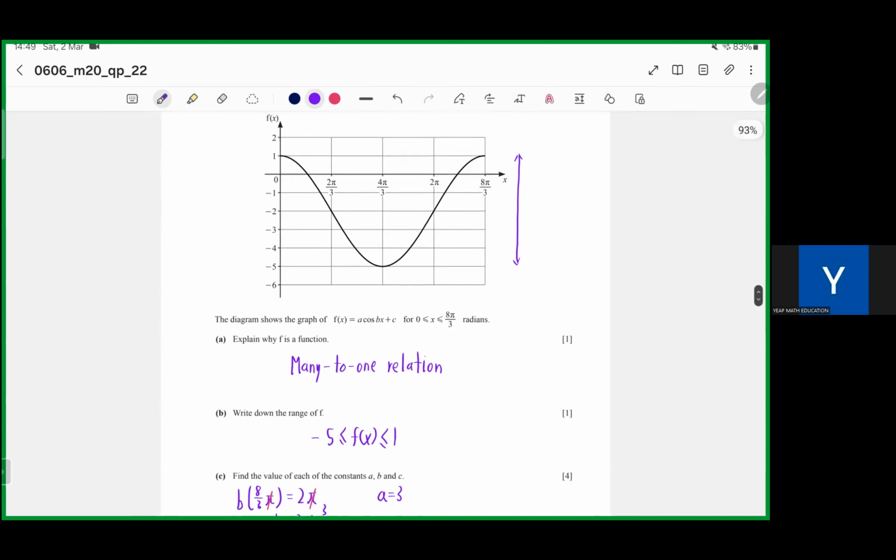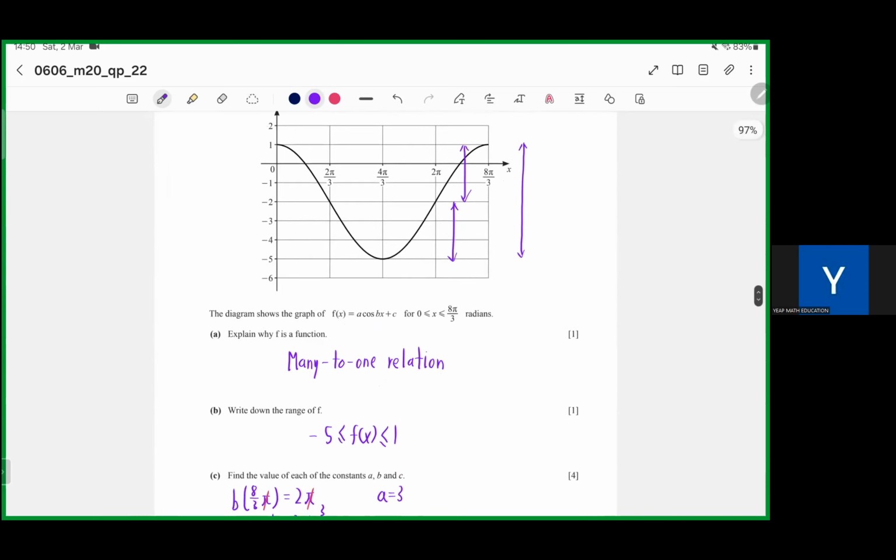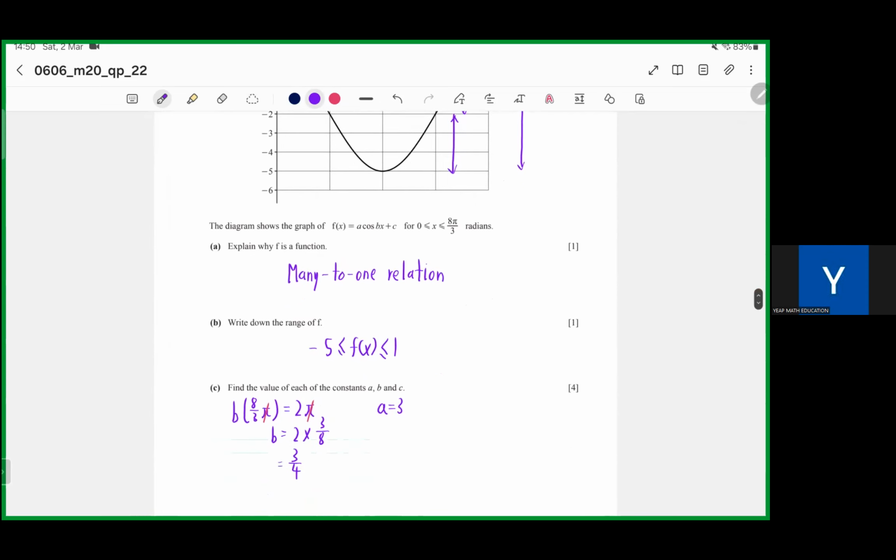a equals 3. Why? Because amplitude, we just take half only, not all. So you can see here is 3, and here also got 3 boxes. And then we go to the c, actually it is negative 2.